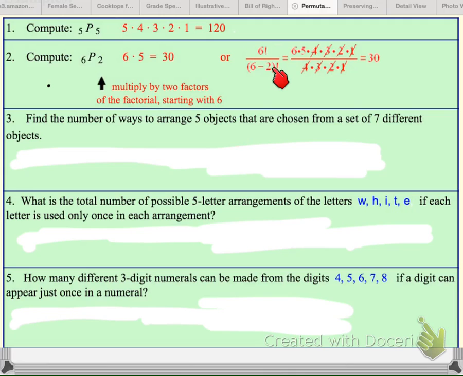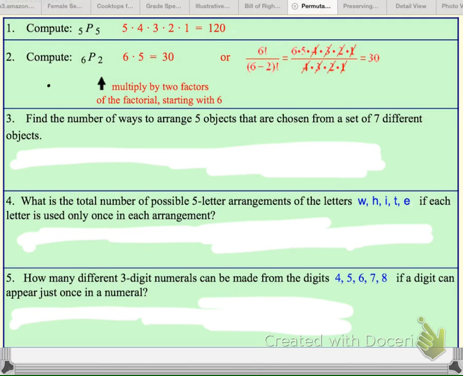So what I'm really doing is 4 factorial. Notice that the factorial is outside of the parentheses. So 4 times 3 times 2 times 1 is 4 factorial. And notice that these are canceling: 4 divided by 4 is 1, 3 divided by 3 is 1, 2 divided by 2 is 1, 1 divided by 1 is 1, which means I still end up with 6 times 5, which is 30.